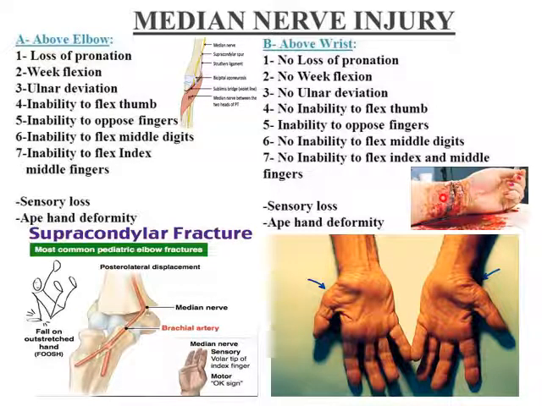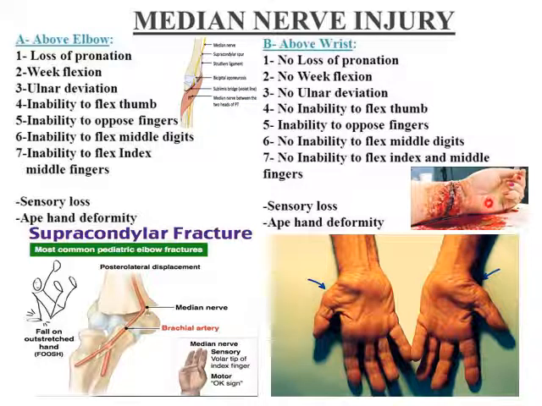If the injury is more proximal to the distal part of the forearm, then there can be the sensory loss to the thenar eminence as well as the central part of the palm also. So here the clawing is less pronounced, whereas when the injury is above the elbow, the clawing is more pronounced.